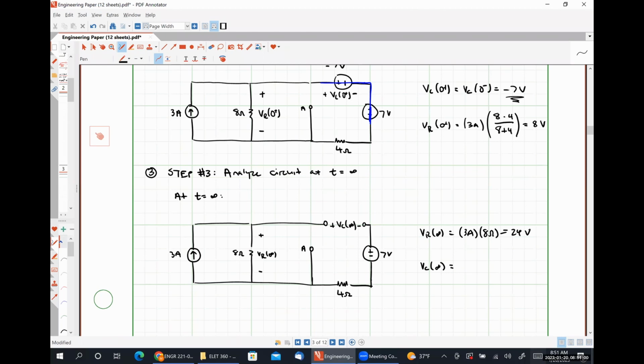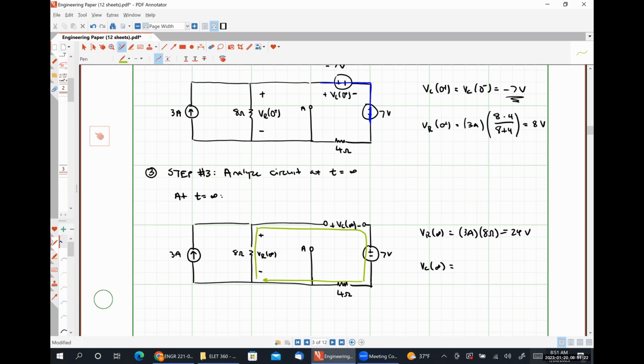If we do Kirchhoff's voltage law around this loop, like so, we'll find out that it's not -7.